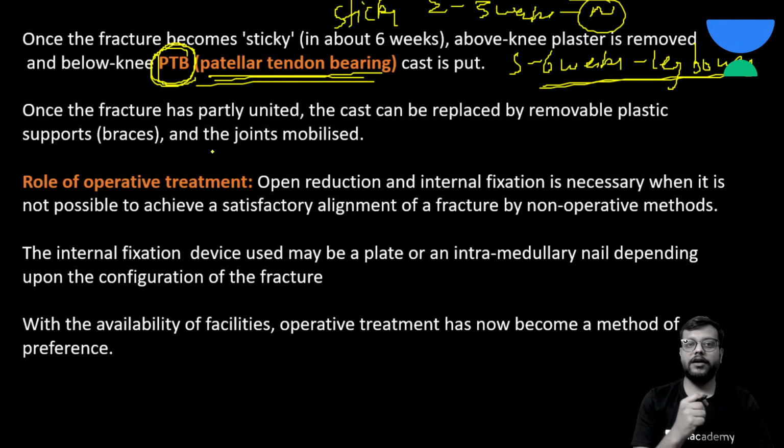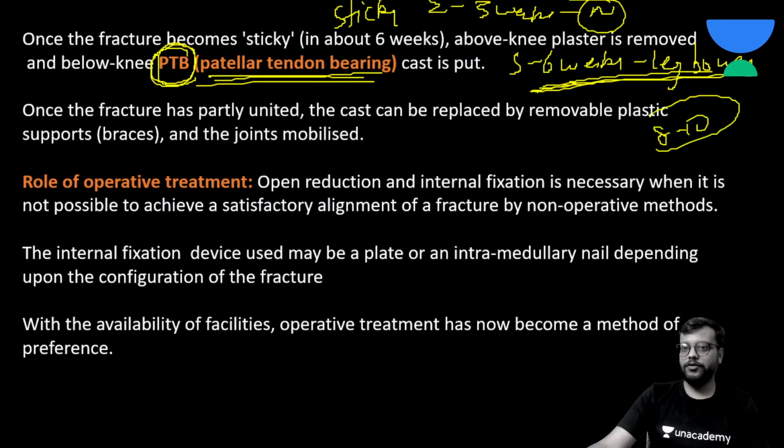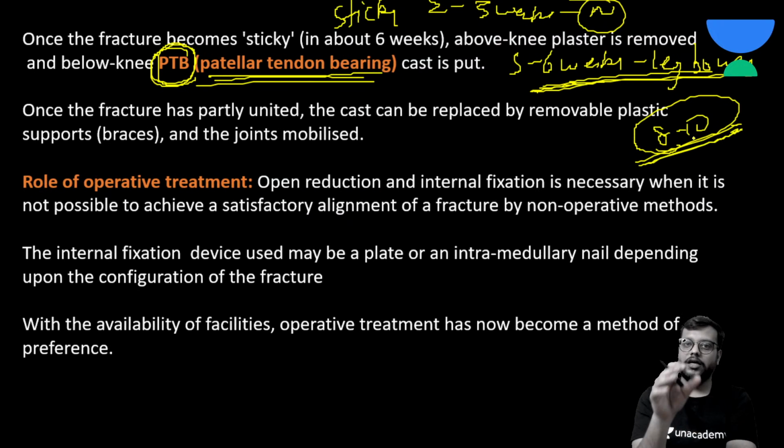Okay, and after like 6 to 7 weeks के बाद you go for the PTB cast, and after 8 to 10 weeks when you see that callus has formed and hold आ गया है, then you can remove the cast and just prescribe a brace, so that it gives additional support for few more weeks.